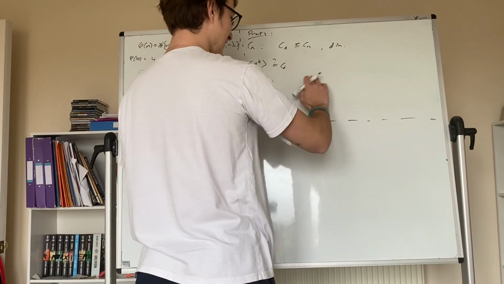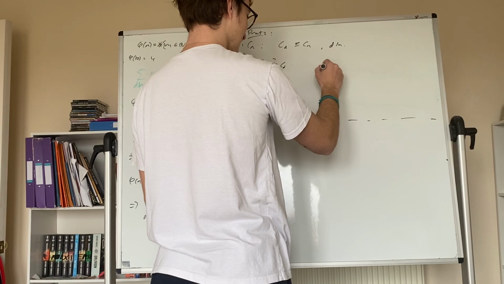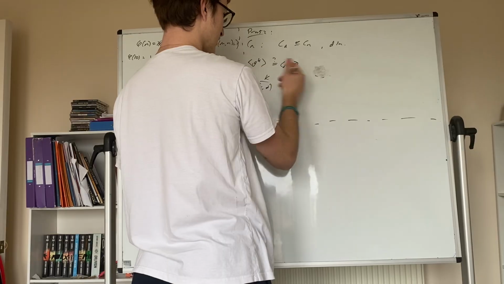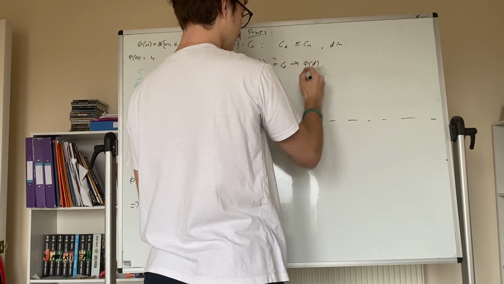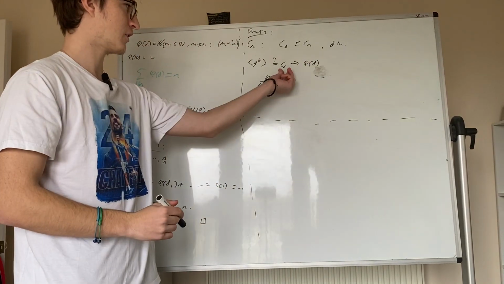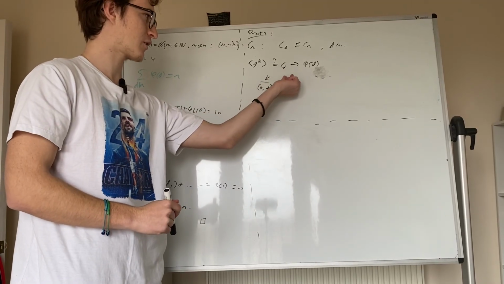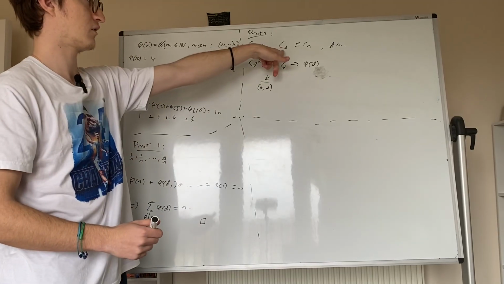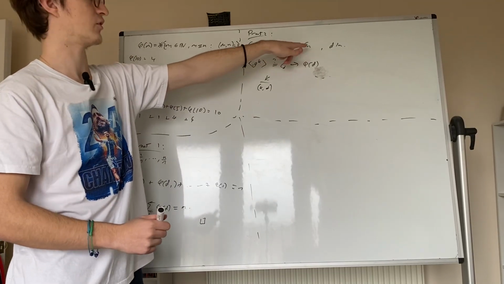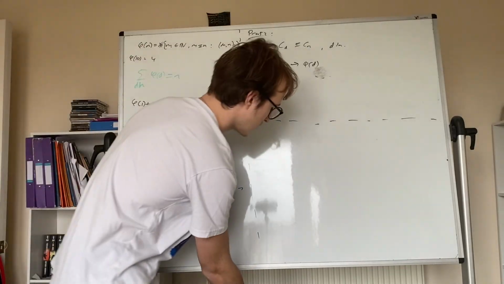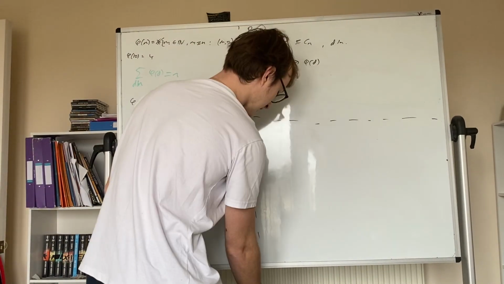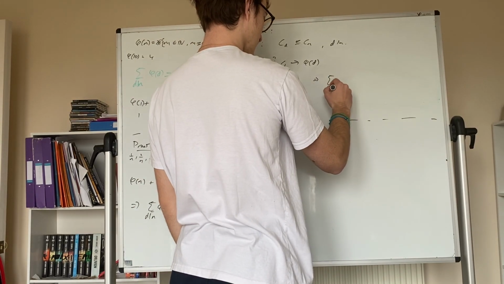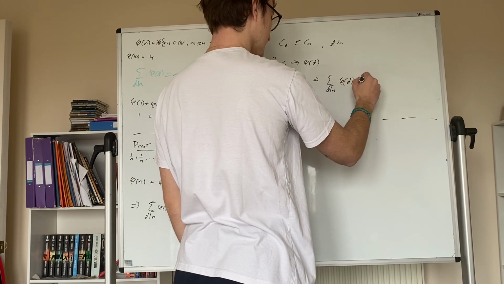So, in conclusion, again, the number of such k is equal to phi of d, and we're going through each divisor d of n, because again, for it to be a subgroup of Cn, it has to divide n by Lagrange. And so, what do we have in the end? In the end, if we take all of this together, we get the result that we were looking for.